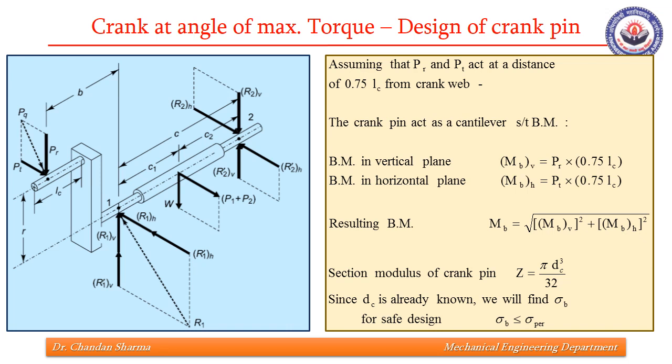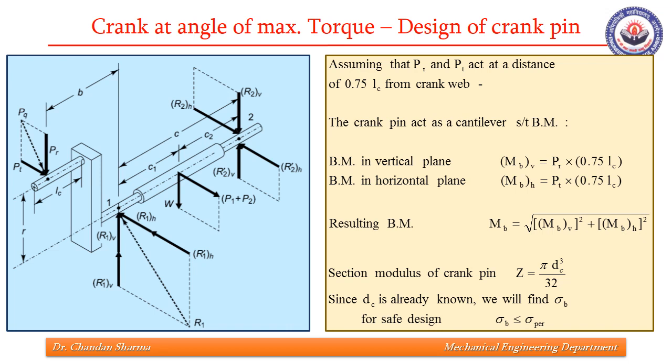So we'll just check whether with the calculated value of diameter and length of crank pin that we have done when the crank is at TDC, top dead center position, with the same values, we'll try to find the stresses induced. If the stresses induced are within the permissible limits, our calculated value is okay as far as the stresses in the crank pin are concerned.